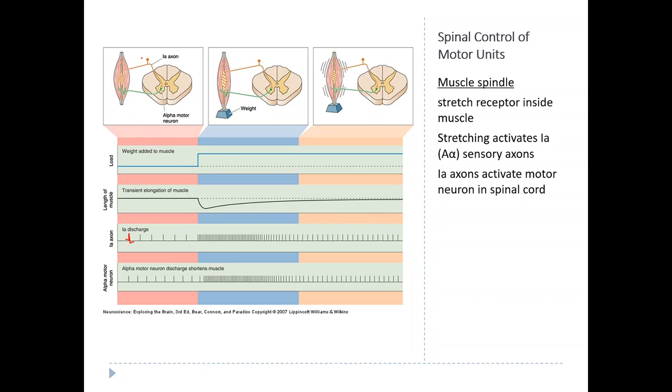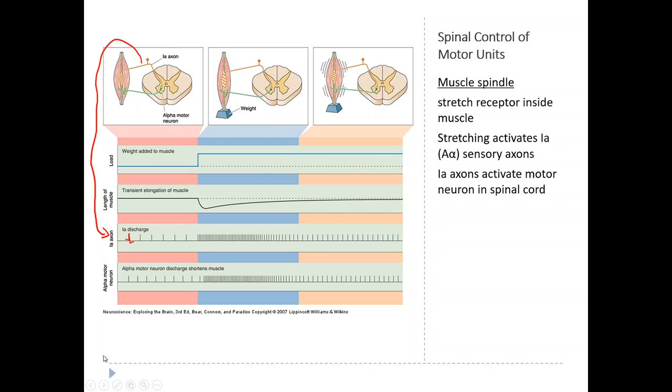So we're in the green area here, we're recording from these axons, and then these 1A axons, they have peripheral processes that go out to the muscle spindle, but then they have a central process that goes into the spinal cord through the dorsal horn, just like the somatosensory receptors go in. But they synapse directly onto alpha motor neurons.